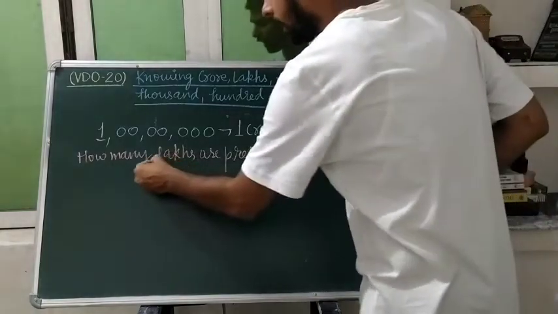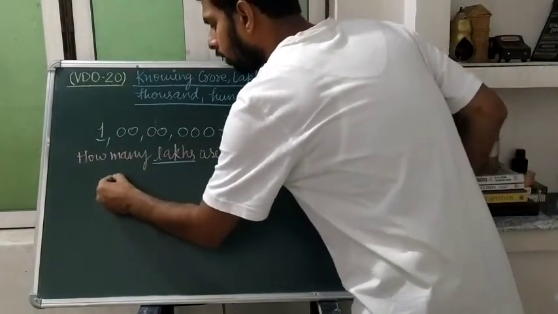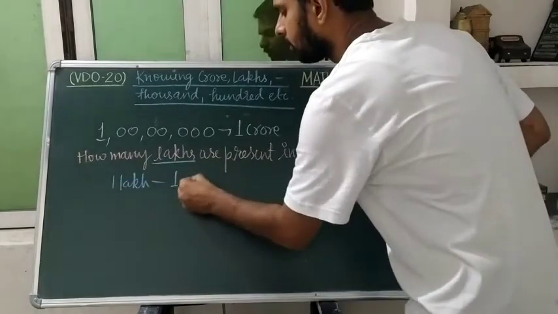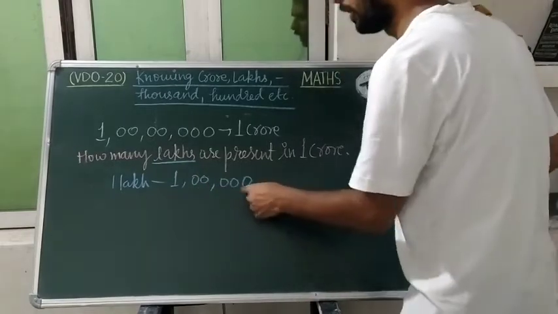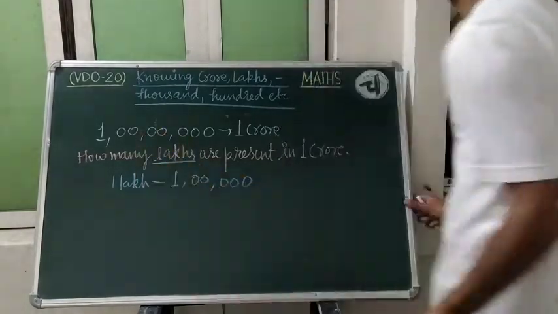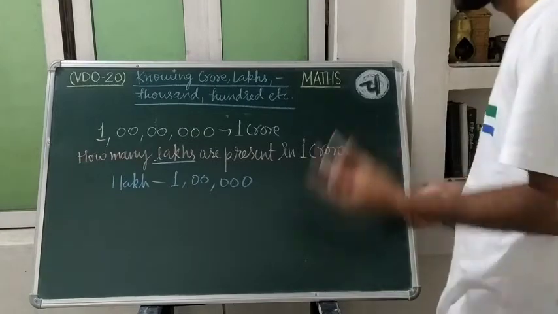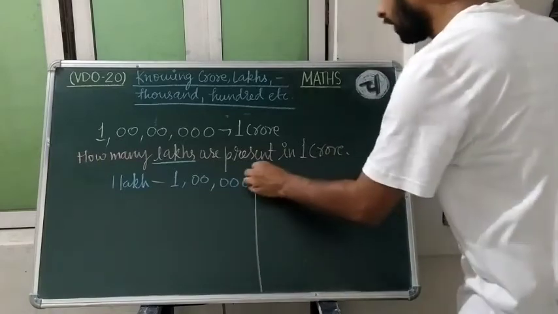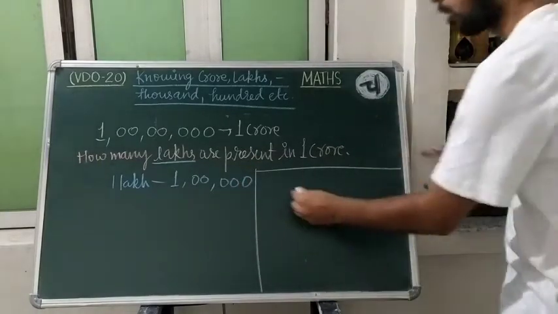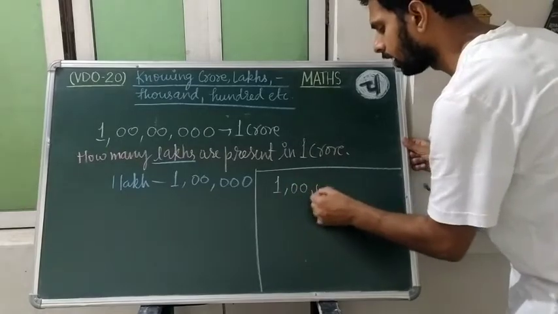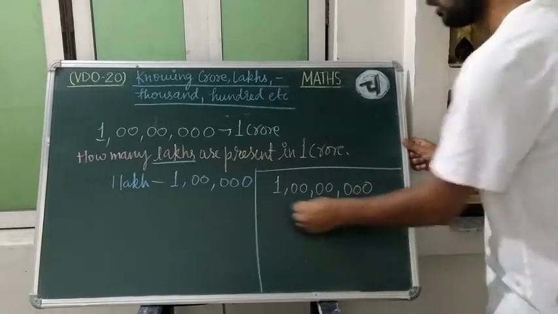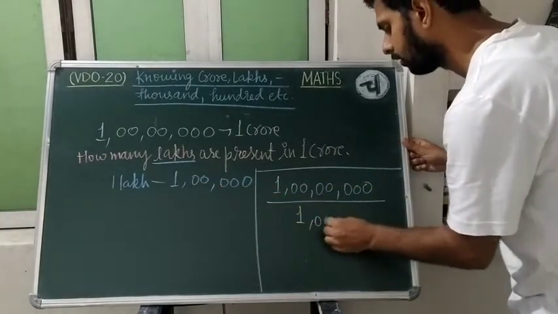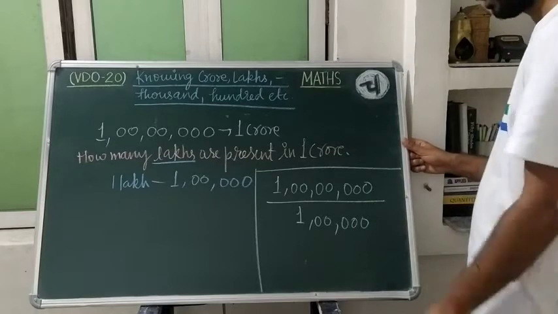So we want to know that lakh. So 1 lakh we can write with 5 zeros: unit, 10, 100, 1000, 10,000, lakh. And we want to know how many lakhs will be present in 1 crore. So for that, student, I want to tell you that from 1 crore, here are 7 zeros, we will divide by 1 lakh, 5 zeros.